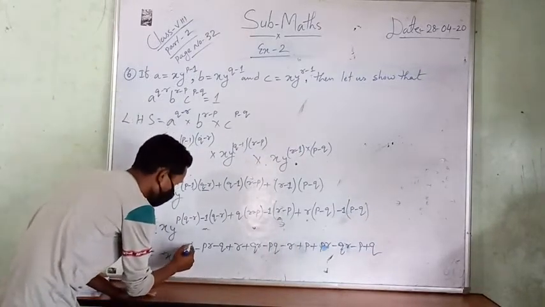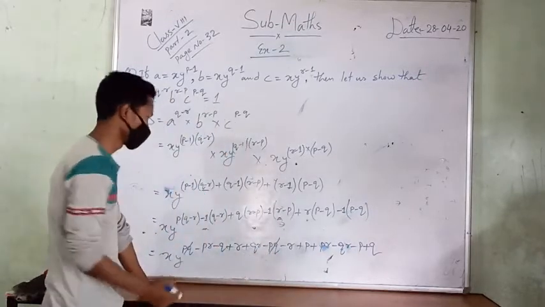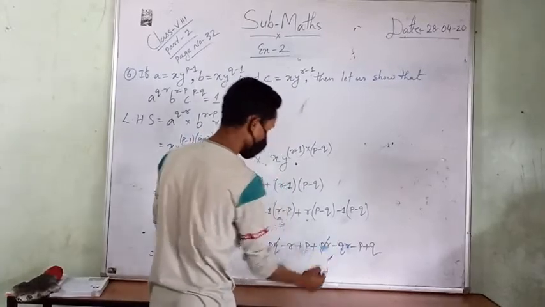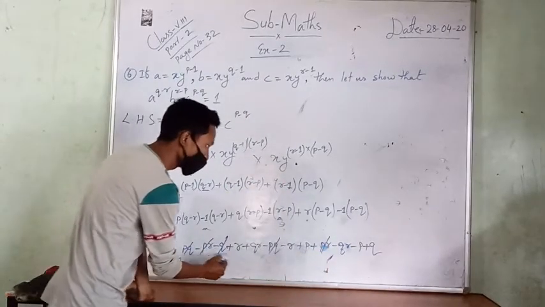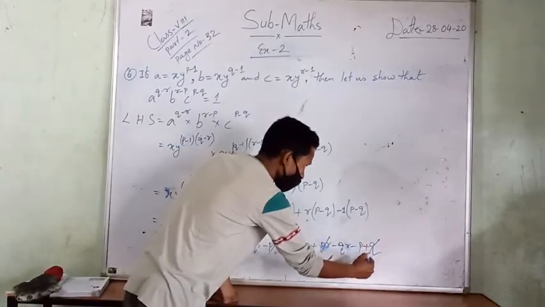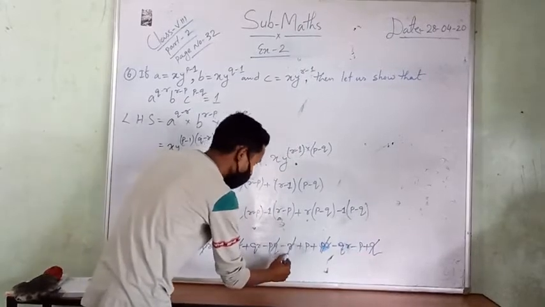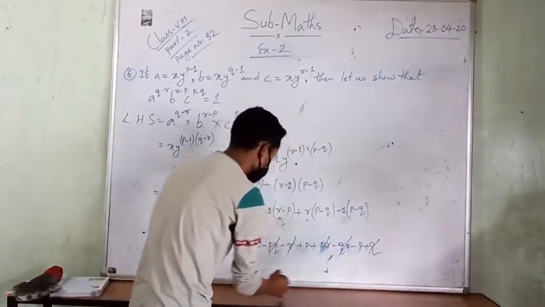Now look at there, plus PQ and minus PQ cancel, minus PR plus PR cancel, minus Q and plus Q, plus R minus R, plus QR minus QR.